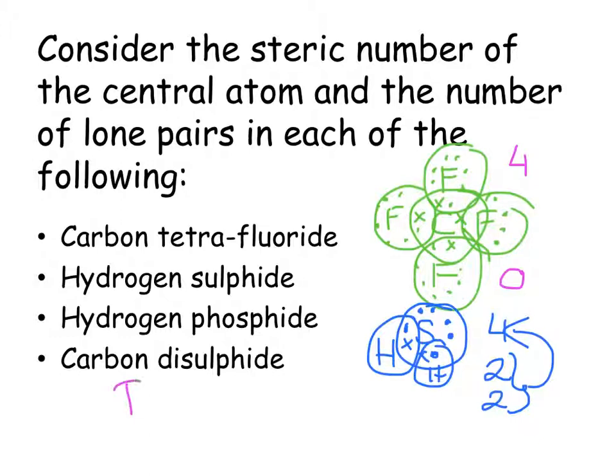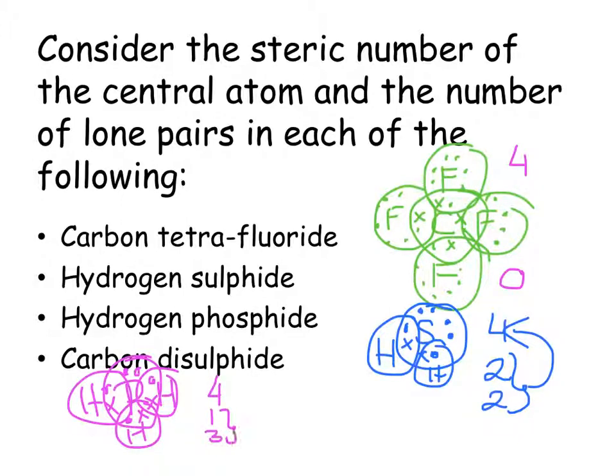Hydrogen phosphide: phosphorus is in group 5, just like nitrogen. So when it bonds with hydrogen, it's going to look a heck of a lot like ammonia in terms of shape. And therefore, you have a steric number of 4, 1 lone pair, 3 bonds, which add up to 4.